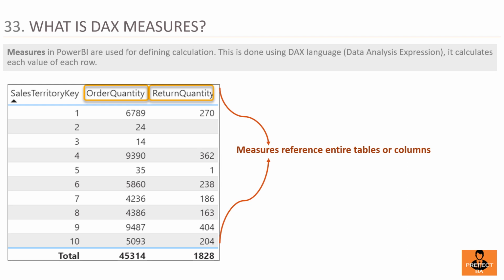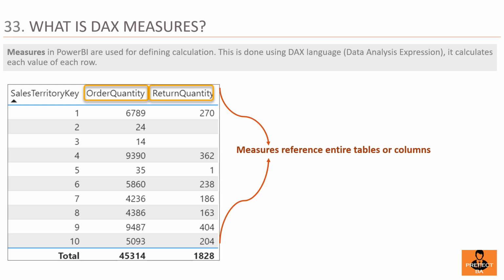Measures in Power BI are used for defining calculation. This is done using DAX language, that is Data Analysis Expression language. It calculates each value of each row. Generally, measures are evaluated based on filter context, which means they recalculate when the fields or filters around them change, like when new row or column labels are pulled onto a matrix or whenever new filters are applied.